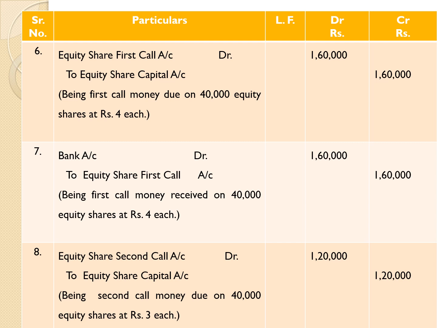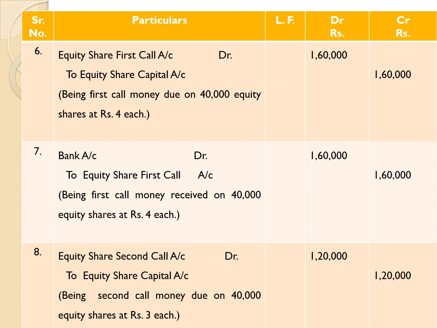Therefore, entry for it. Bank account debit 1,60,000 to equity share first call account 1,60,000 being first call money received on 40,000 equity shares at rupees 4 each.